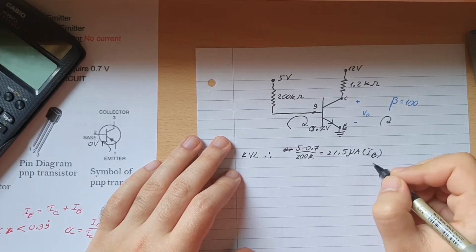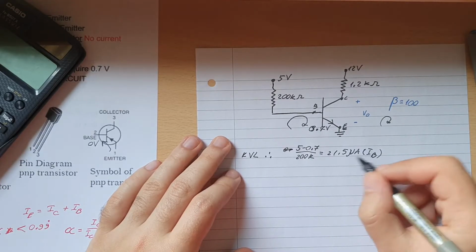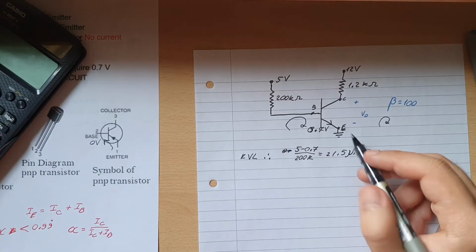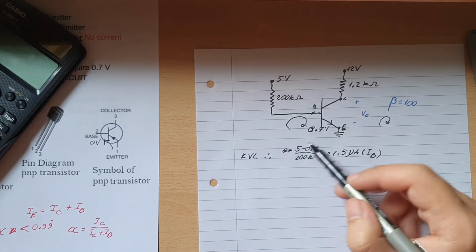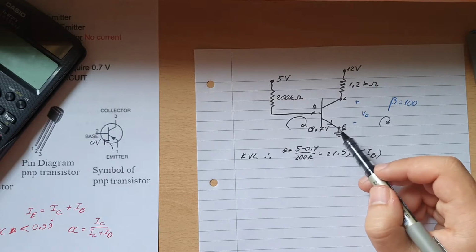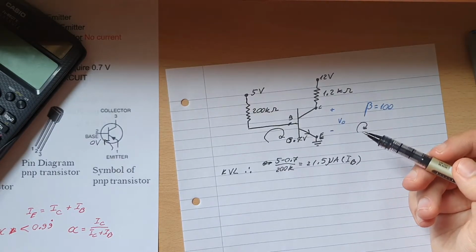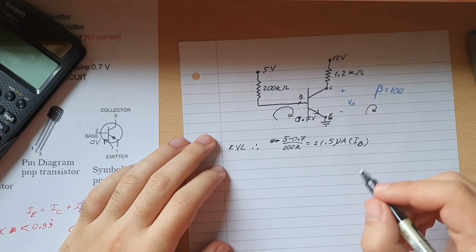The reason why this works in such a simple manner again is because there is no resistance at the emitter. If there was resistance at the emitter, then we would have to do a few extra steps like in the first exercise. But anyway, let's keep going.